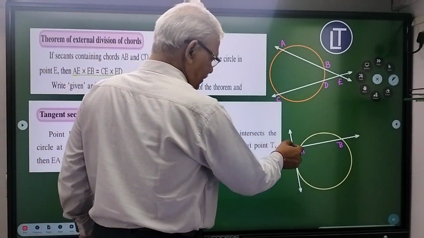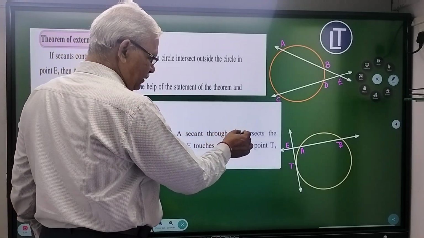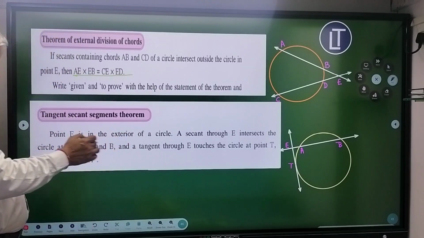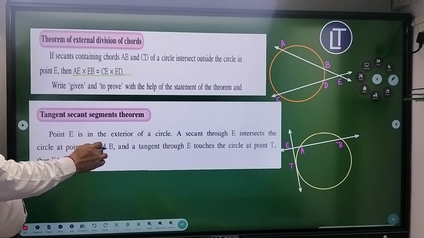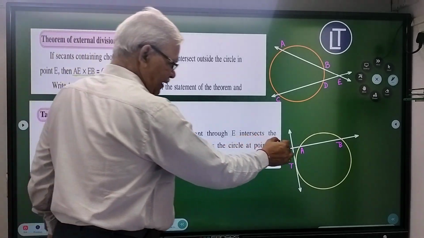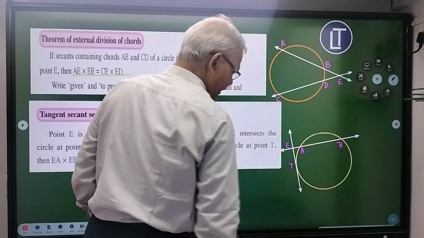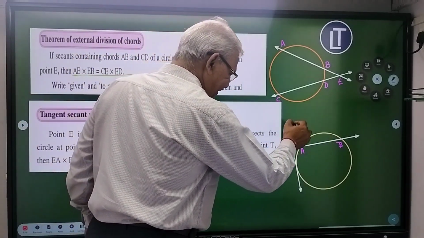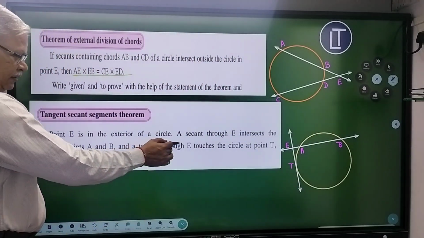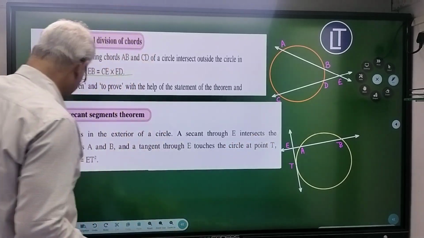A secant through E intersects the circle at points A and B, and a tangent through E touches the circle at point T.